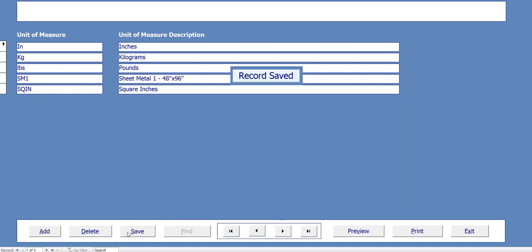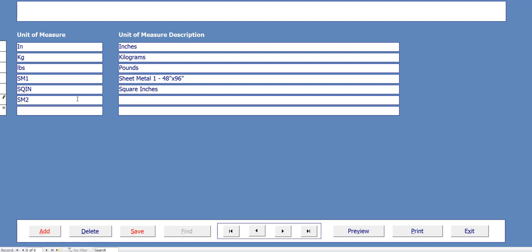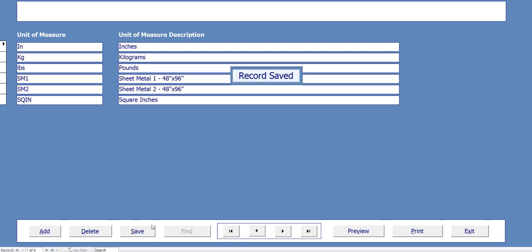So I'll save that. But sheets also come in 48 by 120. So I'll call this SM2. So this will be sheet metal 2, and that'll be 48 inches by 96 inches. Okay, so we'll save that.